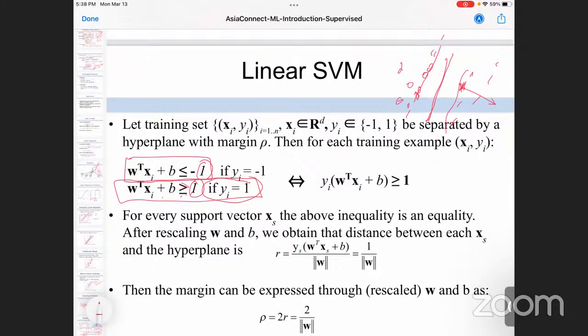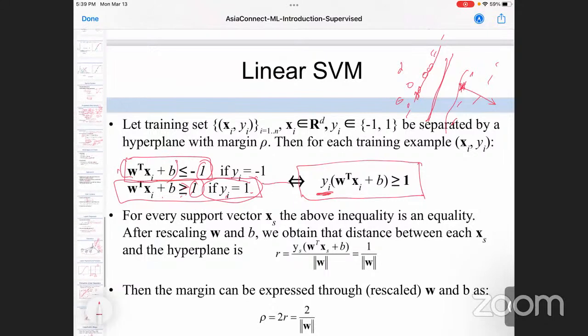If we combine these two, this is just a constraint. If you go through these slides, you'll understand better, but just to formally define SVM: y_i is negative for one side and positive for the other. If we multiply the left side with y_i, we can combine these two formulas into one. Multiply y_i on the left side and the right side, and it will be the same thing.